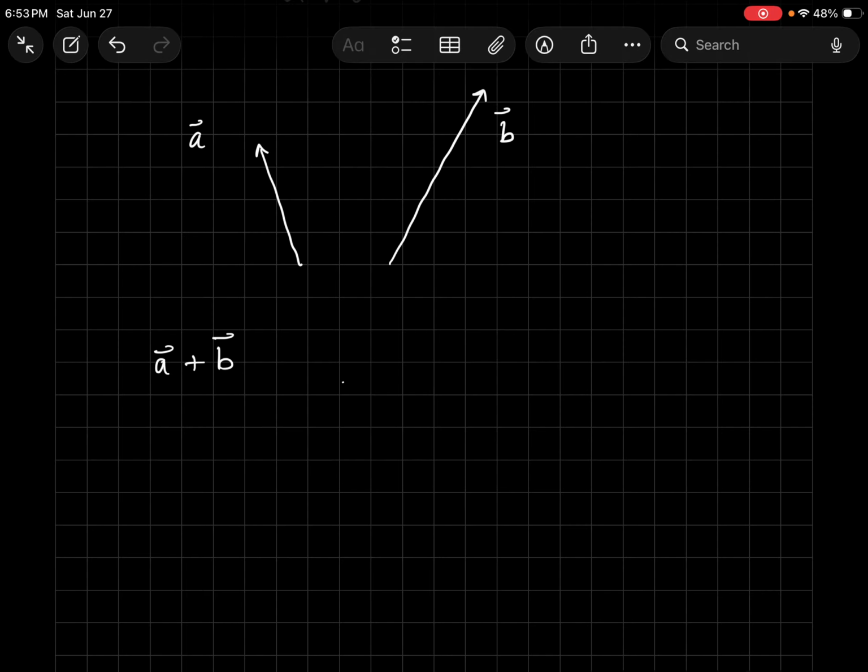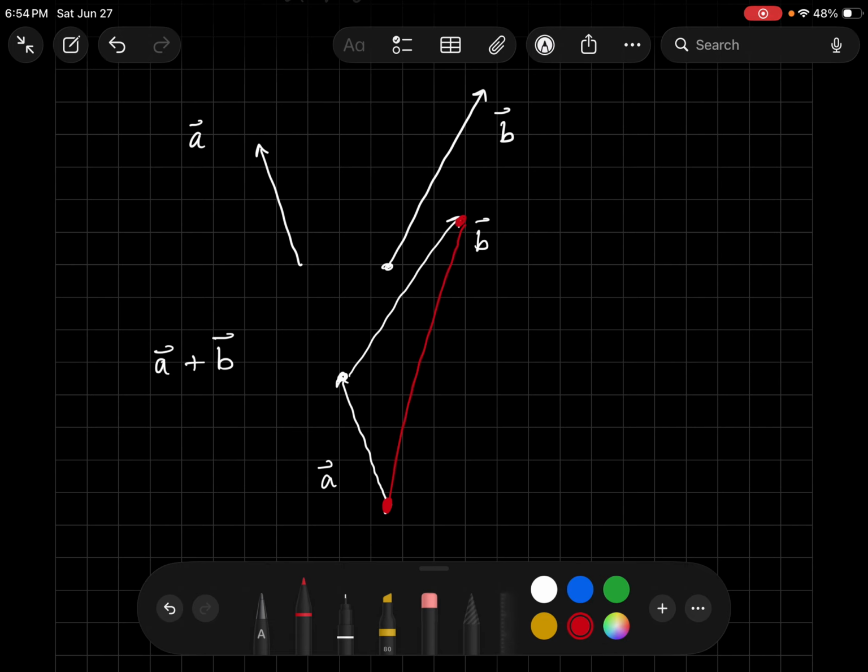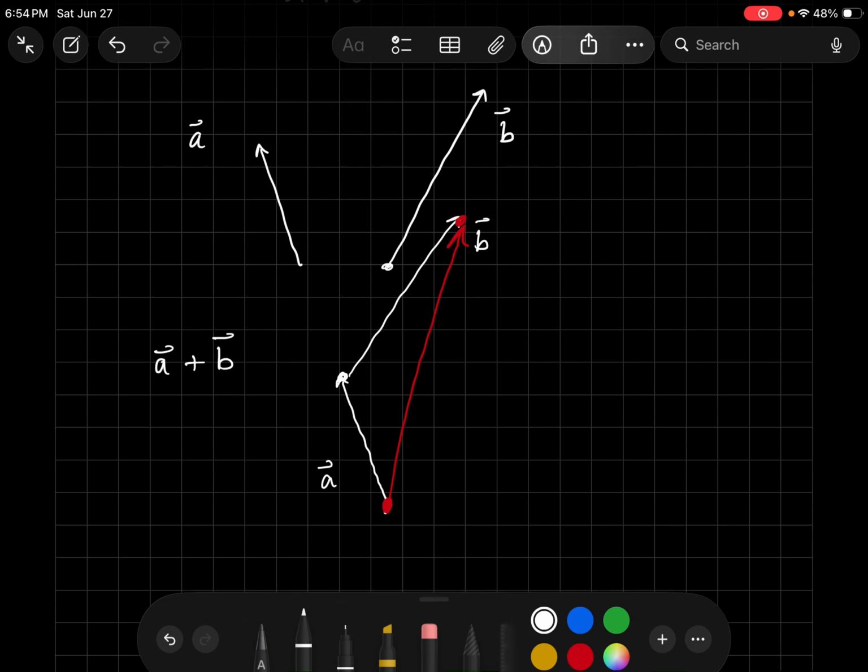I'm going to try to draw them well. So let's draw this as a. I'll restart it. But instead of moving b down here at the tail, I'm going to put the start of b at the end of a like this, and then try to draw it pretty well. I got a little bit off, but it's pretty close. And then the vector a plus b is the one that starts with a, ends at b, but takes the shortcut across.